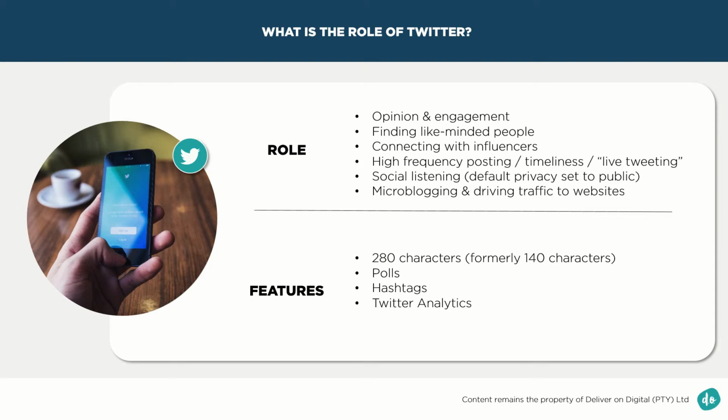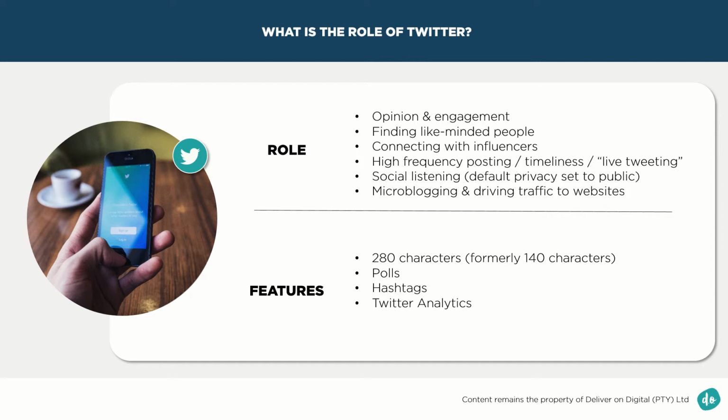In terms of social listening, Twitter has an imperative part to play here because its default privacy is set to public, which makes it quite different, for example, from Facebook. So if you're wanting to get the general sentiment around a product or topic, it's very easily searchable because all of the content that people are putting out there has been set as a default to public.